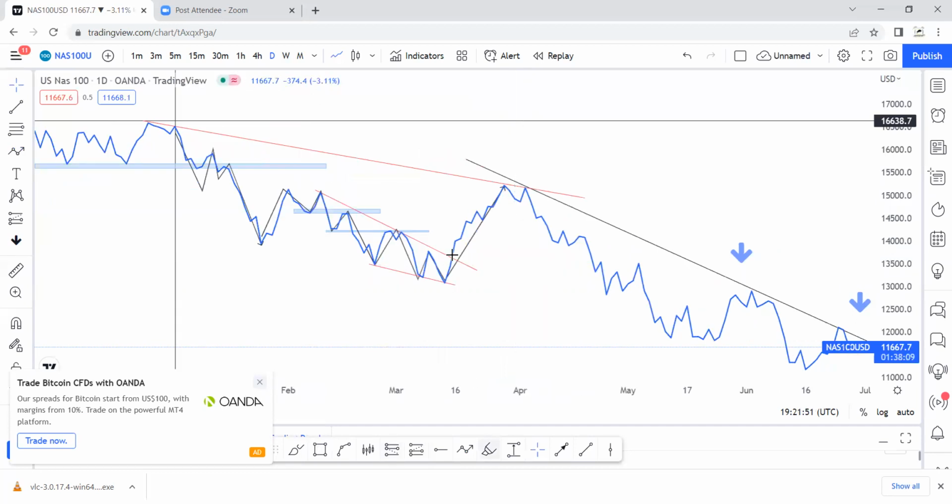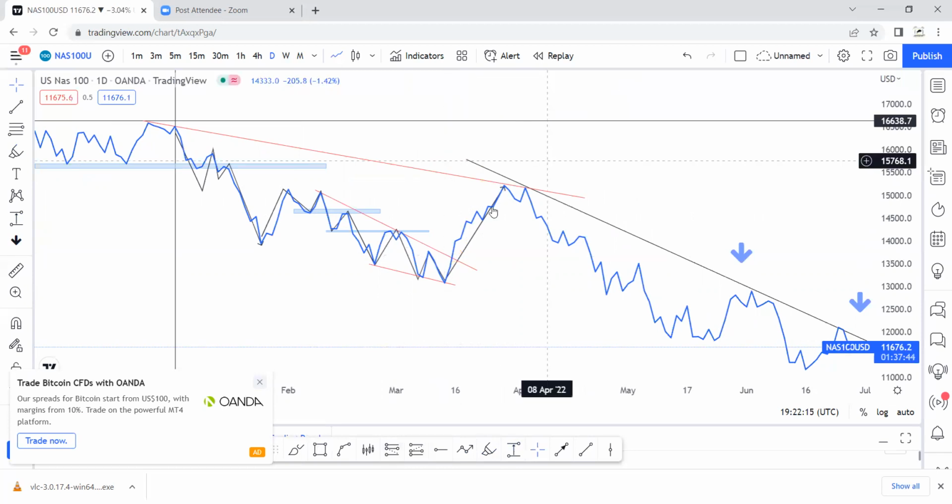You know that the moment it breaks this point here, it's a trend. So it was confirming its upward direction for that moment.